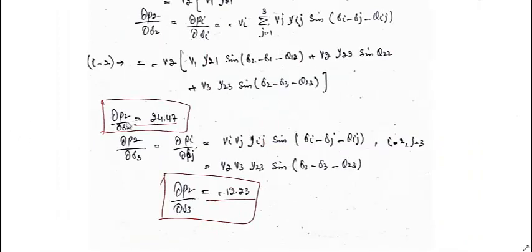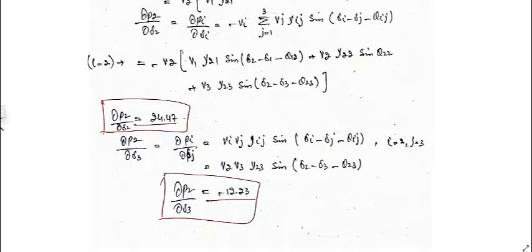So by putting this value, delta P2 by delta delta 2 will be equal to 24.47, and delta P2 by delta delta 3, that is delta Pi by delta delta j, will be equal to Vi Vj Yij sin of delta i minus delta j minus theta ij. This also I have derived, and for i equal to 2, j equal to 3, it will be V2 V3 Y23 sin of delta 2 minus delta 3 minus theta 23.